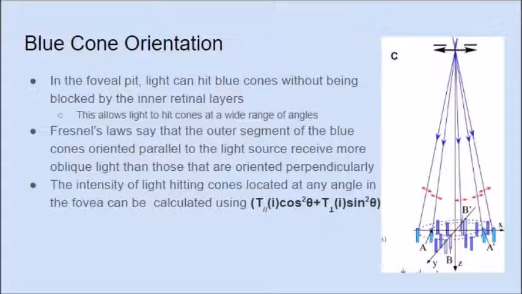The intensity of light hitting cones located at any angle in the fovea can be calculated using the following formula on the screen. Assume that the incoming light determines the x-axis. Therefore, the parallel cones will be in the x-axis of the fovea, perpendicular cones will be on the y-axis, and oblique cones are everything in between.